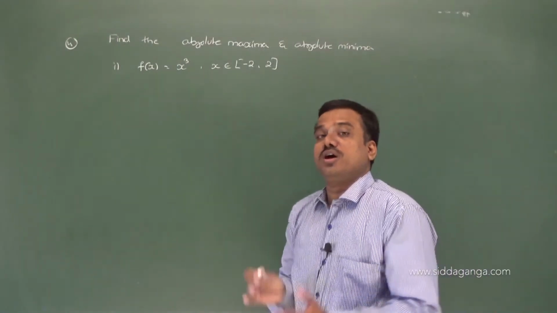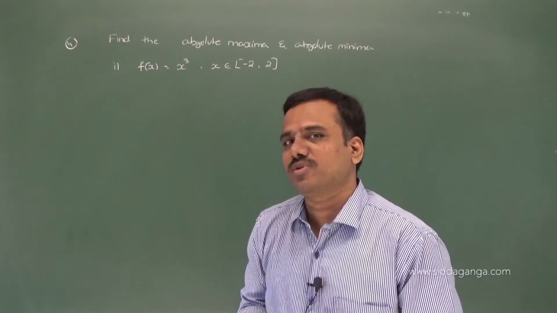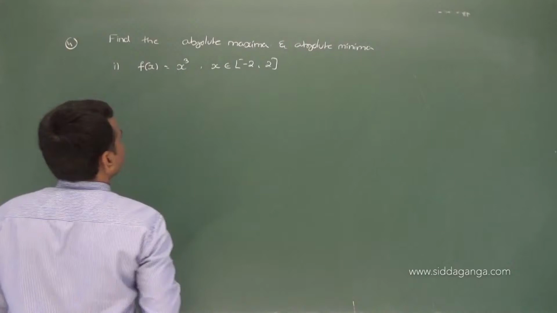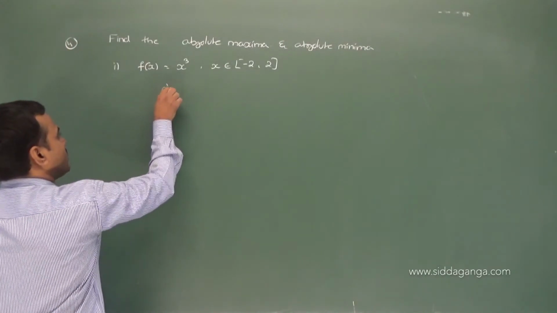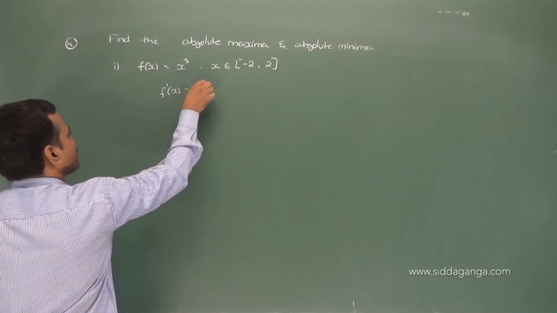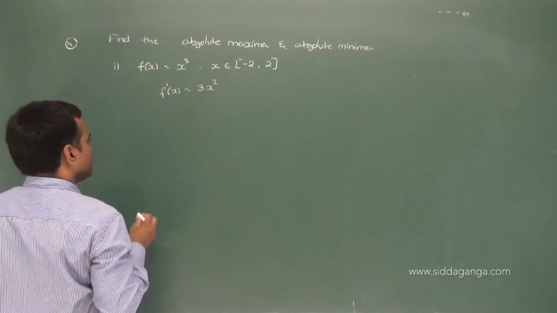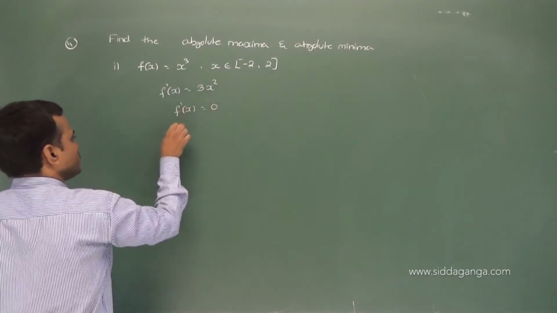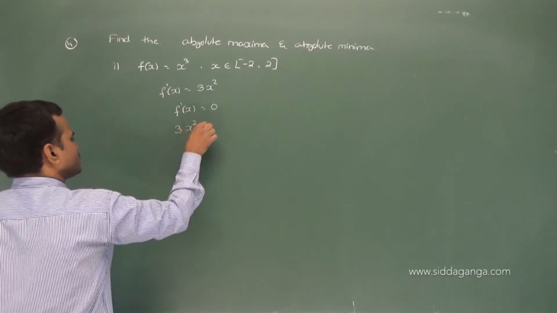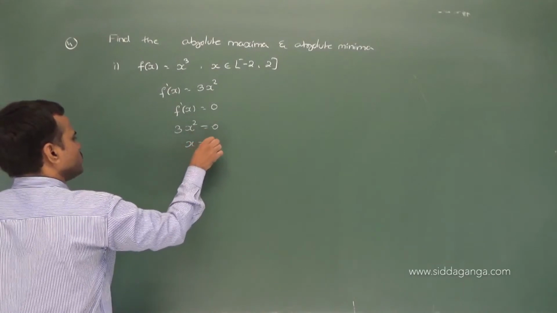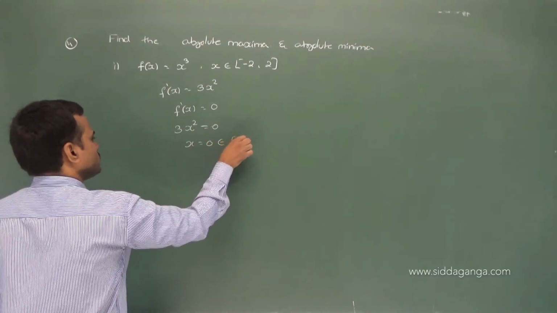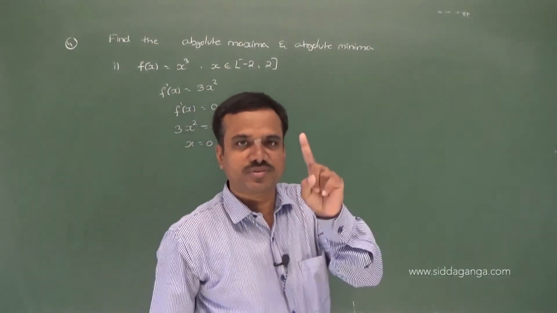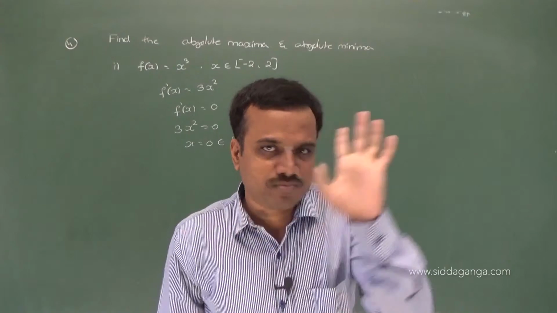How to find absolute maxima and absolute minima? Very easy. See the problem. Firstly, I differentiate: f dash of x is 3x square. Next, f dash of x is equal to 0, so 3x square is equal to 0, x is equal to 0, which belongs to the interval minus 2 to 2. 0 also lies between minus 2 and plus 2.